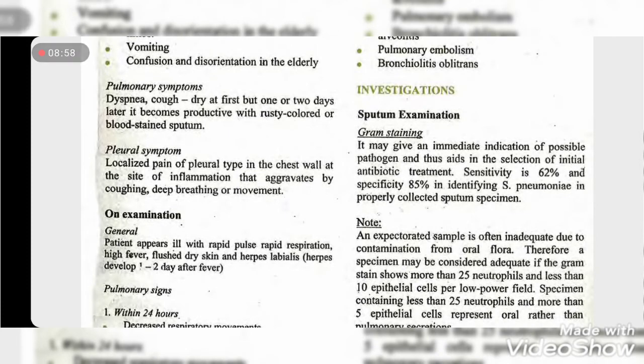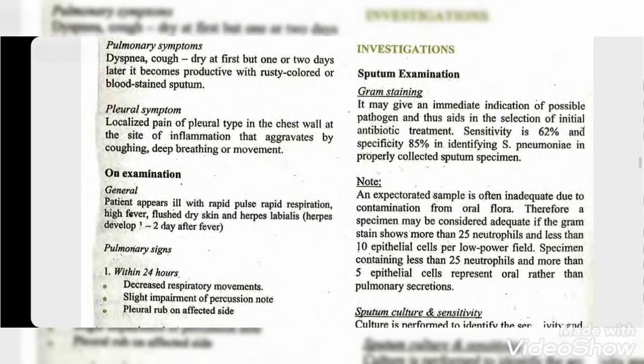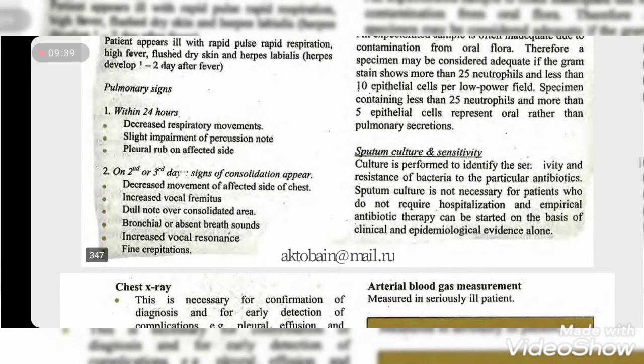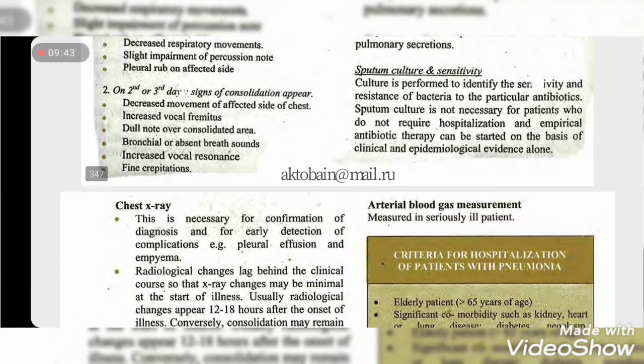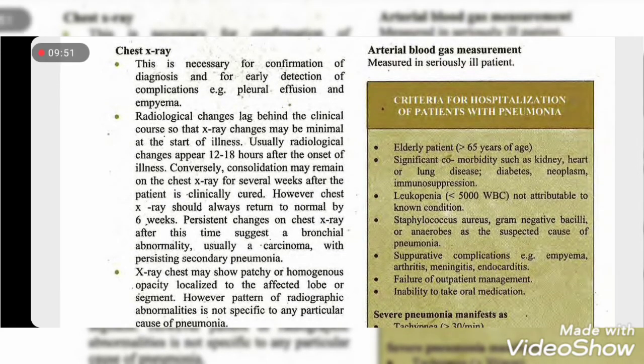Investigation. Sputum examination is done by 2 methods, first Gram staining. Sensitivity of the sputum examination is 62% and specificity 85%. Then we go to sputum culture. Another investigation is chest X-ray, necessary for confirmation of diagnosis and for early detection of complications such as pleural effusion and empyema.